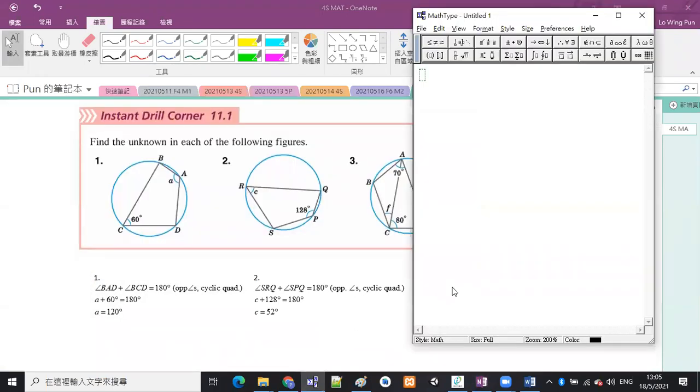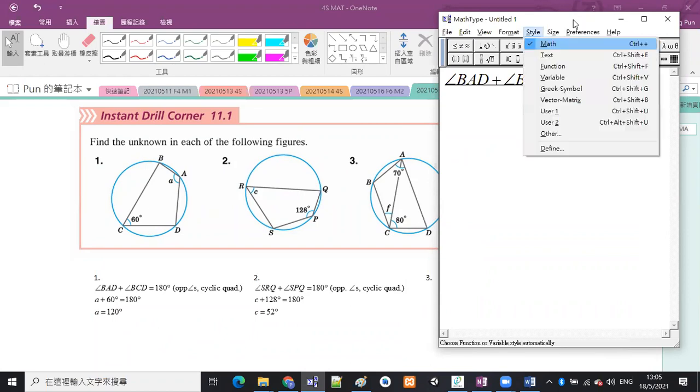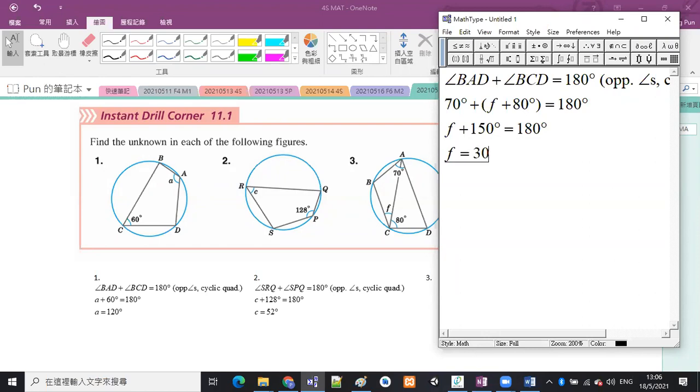So in this ABCD, we have angle BAD plus angle BCD is equal to 180 degrees, opposite angles, cyclic quad. And of course, angle BAD will be 70 degrees, plus angle BCD is F plus 80 degrees, equal to 180 degrees. Then F plus 150 degrees is 180 degrees. Finally, F is equal to 30 degrees.